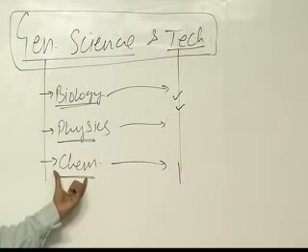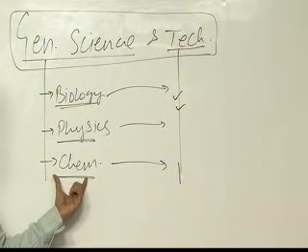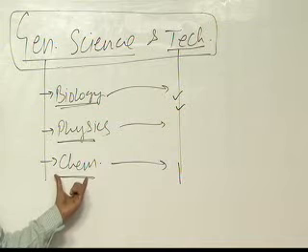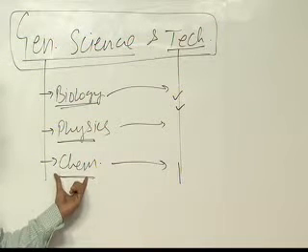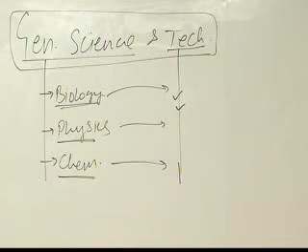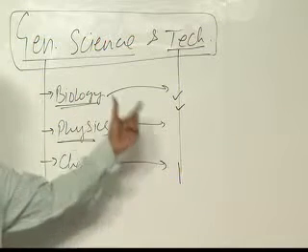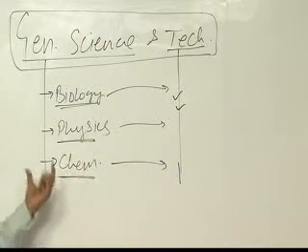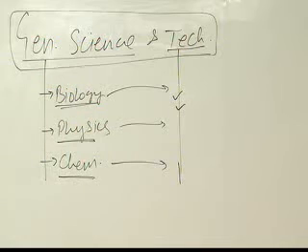Chemistry has also got some technological aspect. In chemistry, we talk about elements, and there are many elements which are being used in technology. Let's say uranium, plutonium, thorium. These are the things which are being used in nuclear technology. So that will be the extension of chemical sciences in technology.